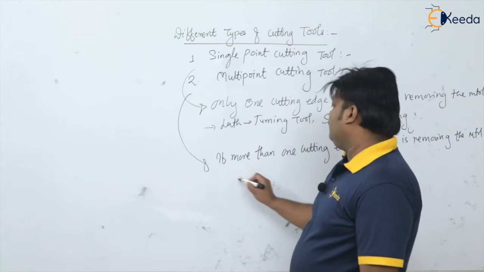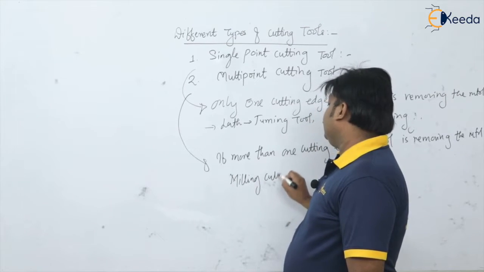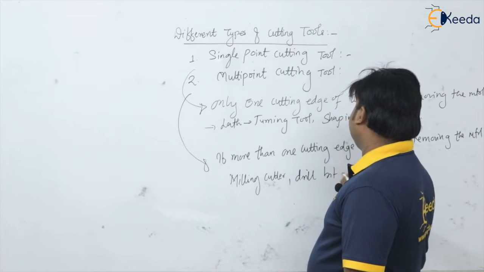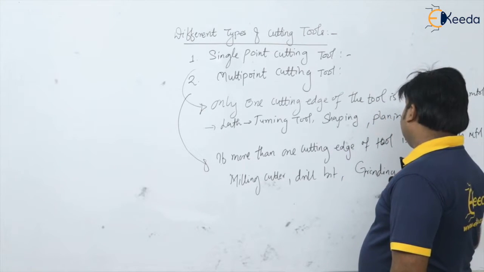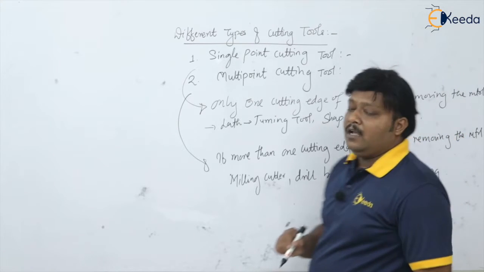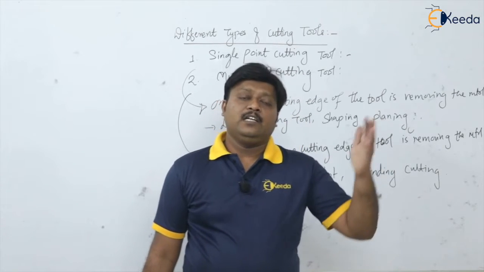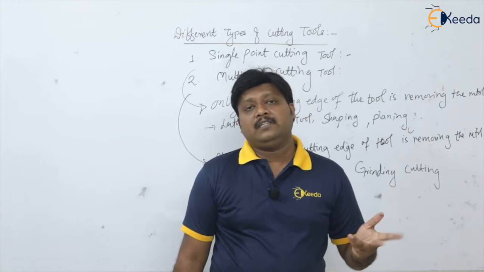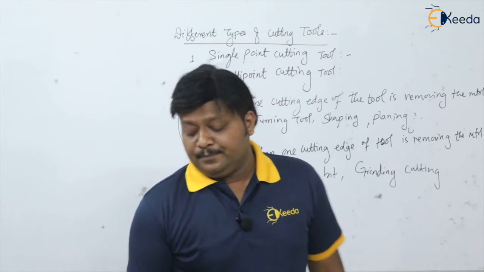For example, we have the milling cutter, the drill bit, and the grinding wheel. So these are multi-point cutting tools. Only one cutting edge removing the material is a single point cutting tool. More than one cutting edge is a multi-point cutting tool, okay.